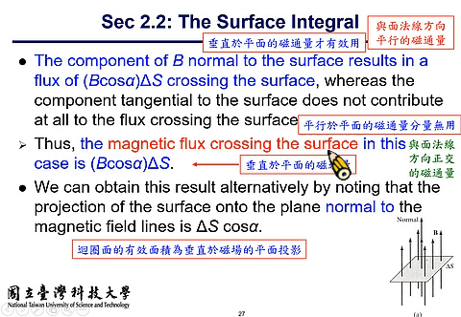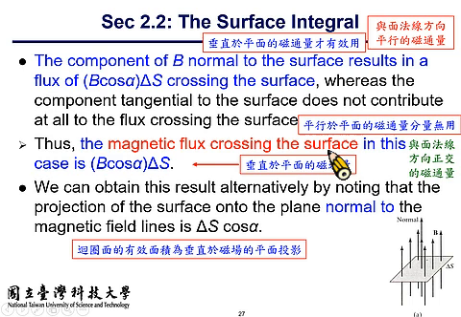All right. So according to the figures in the previous slide, we know that the components of B normal to the surface result in a flux crossing the surface, which can be regarded as the effective contribution of magnetic flux.